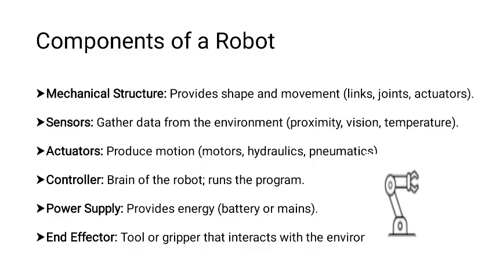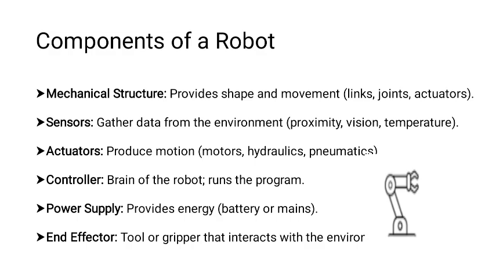Next, we are going to see the components of a robot. Every robot consists of 6 main components. First one is mechanical structure, the body and the joints that give its shape and movement. Point number 2, sensor. Eyes and ears of the robot, helping it sense obstacles or measure distance.